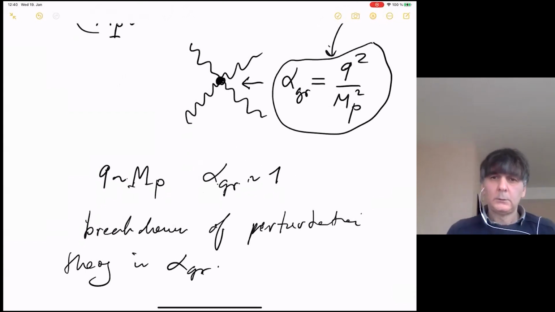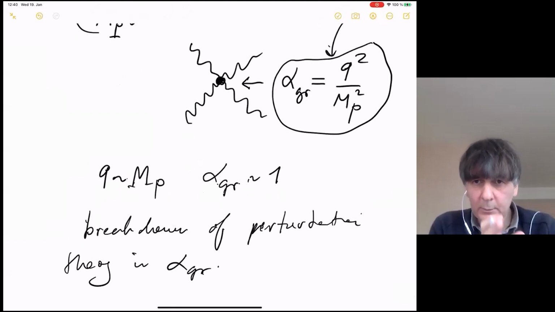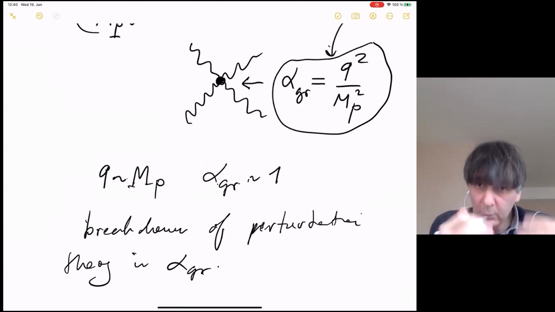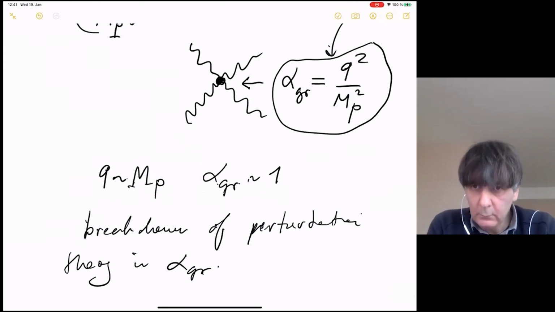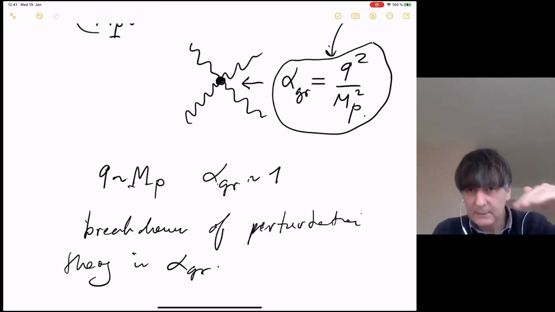Okay, so as long as we are dealing with processes in which the momentum transfer between individual gravitons is much less than the Planck mass, within Einstein gravity, we are in a reasonably good perturbative regime in expansions in alpha gravity.